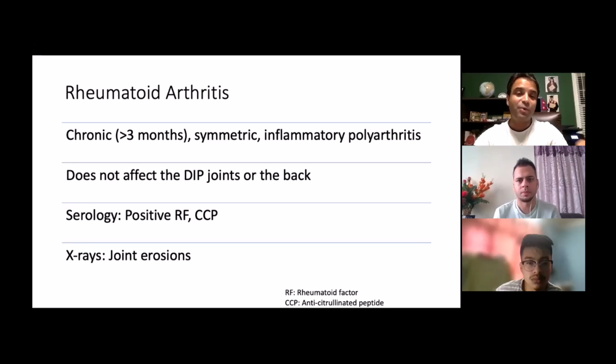So if you have a patient with DIP involvement, that is likely psoriatic arthritis rather than rheumatoid arthritis. And rheumatoid arthritis never affects the back joints. That is one of the typical features that helps you differentiate between rheumatoid arthritis and other forms of inflammatory arthritis. Typically, they are serology positive, either rheumatoid factor or CCP. And they typically have joint erosion, which is a sign of joint damage due to inflammatory arthritis in RA.